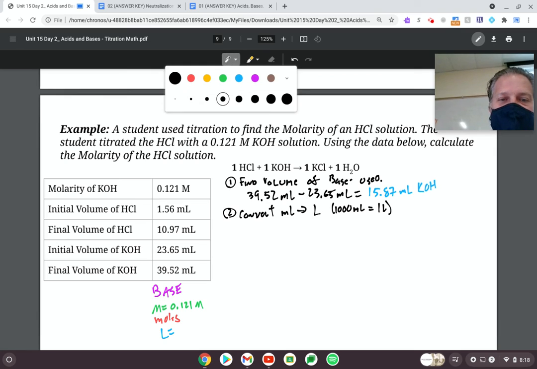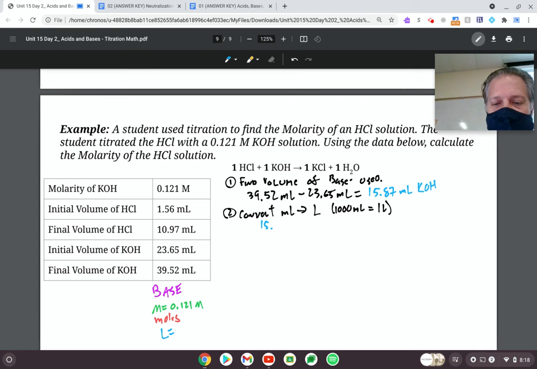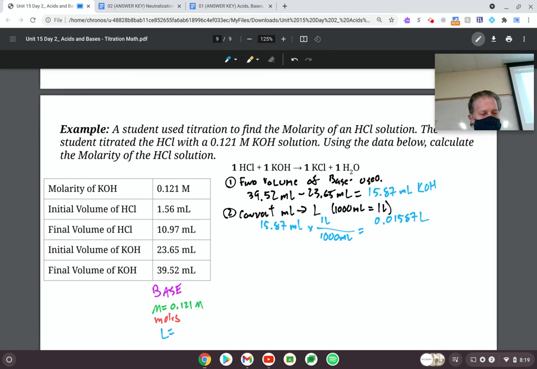So if I take my 15.87 milliliters and convert it, 1 liter over 1,000 milliliters on the bottom, I get something like 0.01587 liters. So that's the volume that was used.